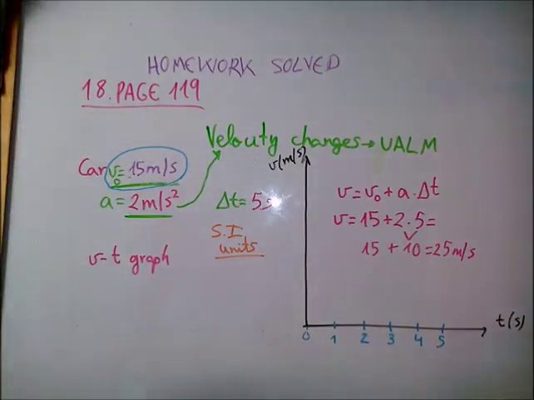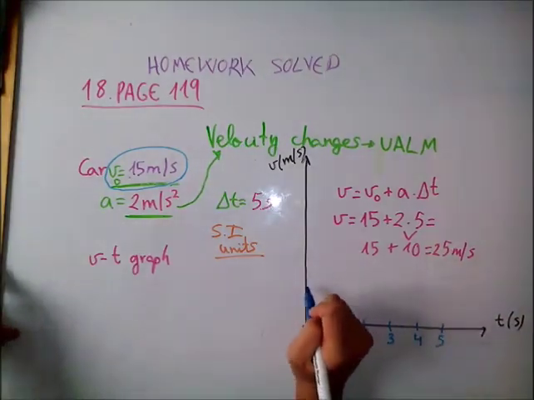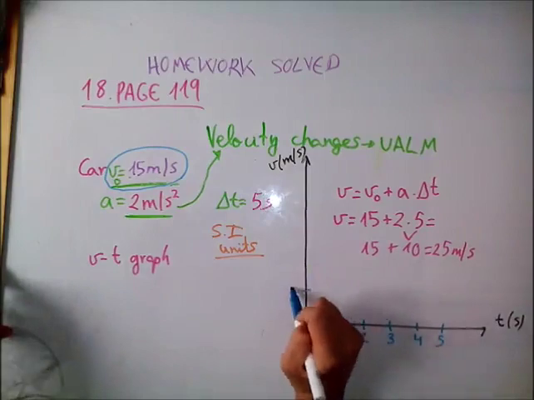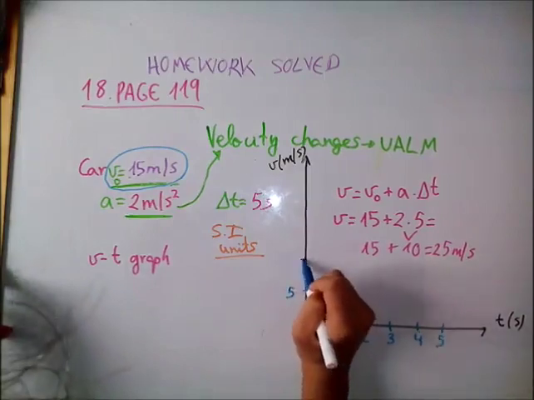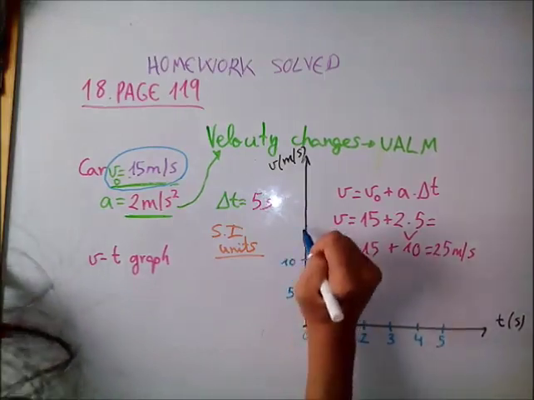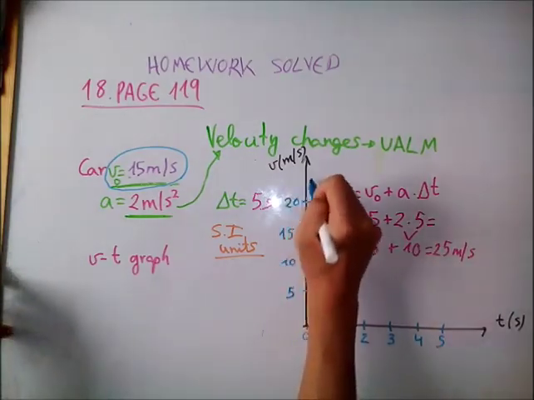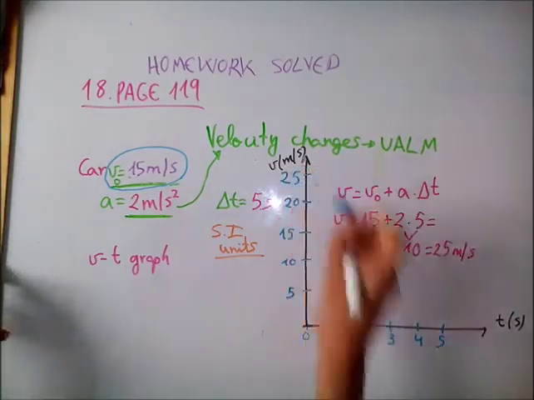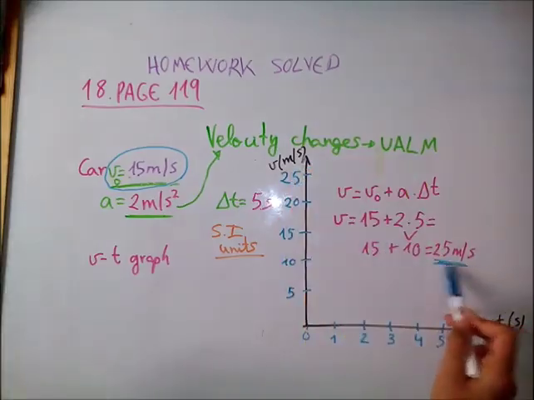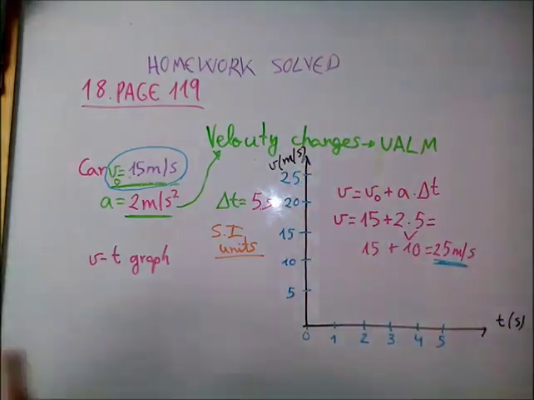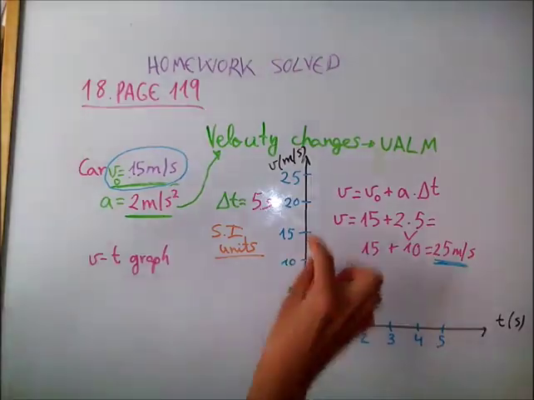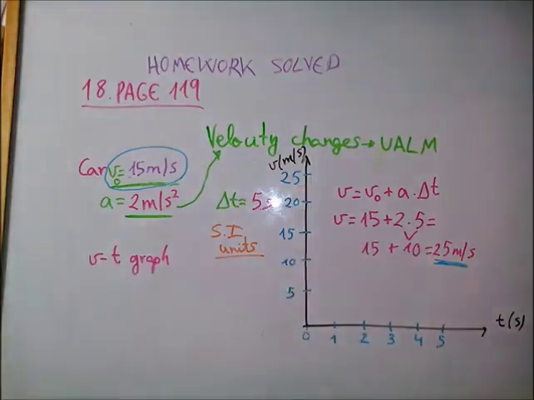So in here, I should go, for example, like 5, 10, 15, 20, and 25, because I have to make sure that I reach 25 meters per second, okay? Remember for this to be equally spaced.